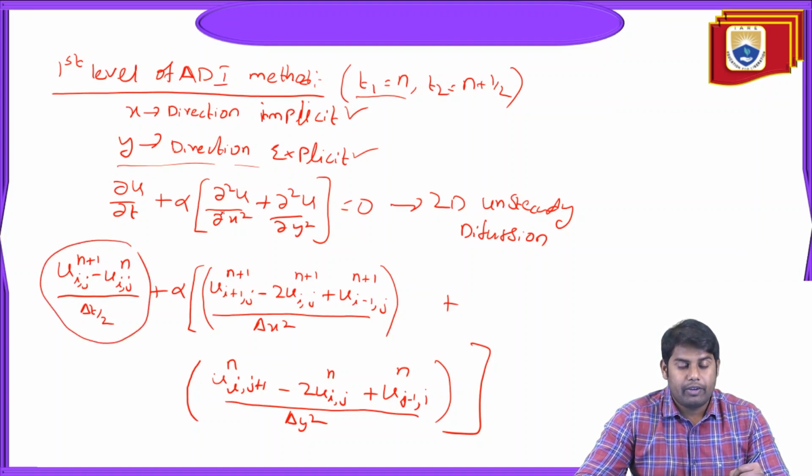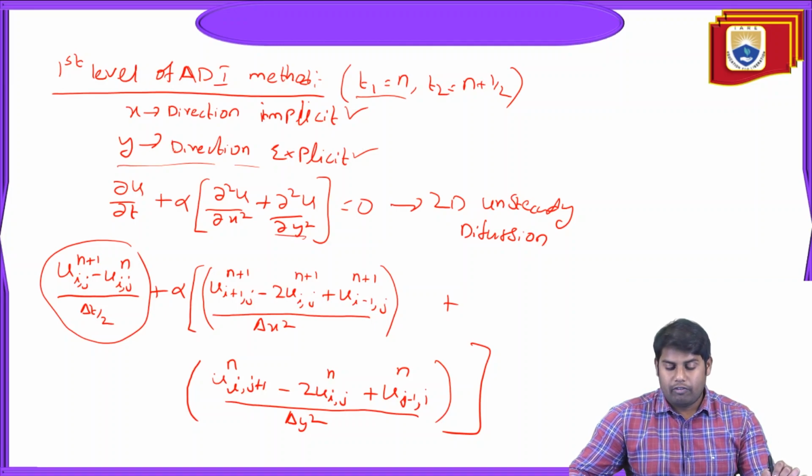Next, the space derivative term: dou square u by dou x square and dou square u by dou y square. The dou square u by dou x square term we are first taking as implicit, and the second one, the y term, we are taking as explicit. Okay, so this is the first level.